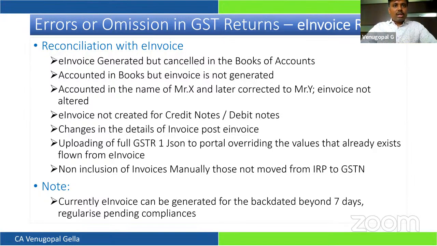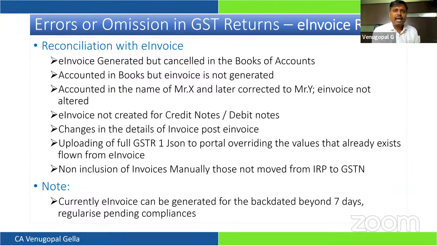But what are the common errors that happen while filing through e-invoice? Today, e-invoice has come. The entire data for which you have done the e-invoice flows to GSTR1. You don't need to separately enter the B2B invoices in the portal. However, you need software. Software like GSTZen will still help you to mitigate the errors.